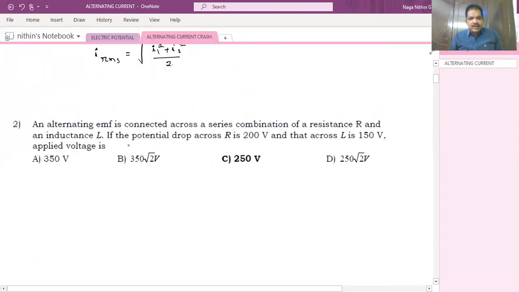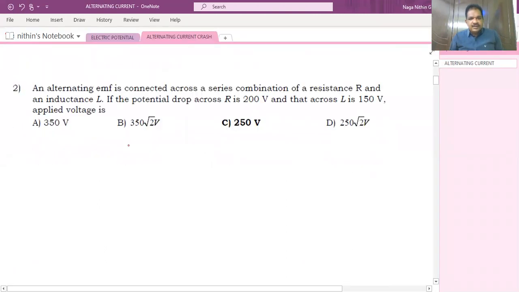An alternating EMF is connected across a series combination of resistance R and inductance L. The potential drop across R is 200 volt and across L is 150 volt. What is the applied voltage? So the circuit will be an LR circuit.